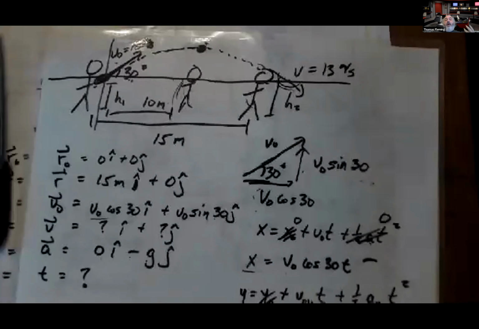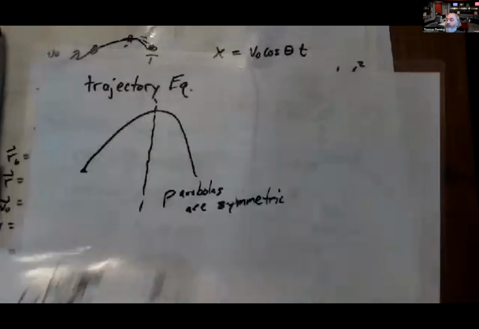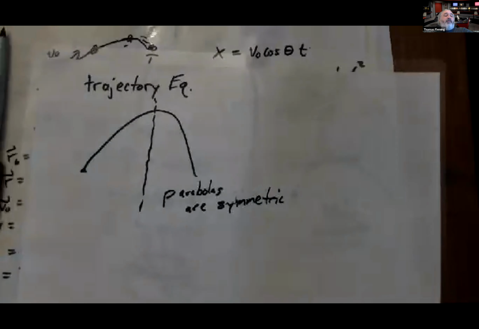So the whole point of this exercise is that by proving that the trajectories of thrown objects or kicked objects are parabolas, I've shown that I can use the properties of parabolas to help understand how they will behave. And I know that they will take the same amount of time coming up that they take coming back down again.